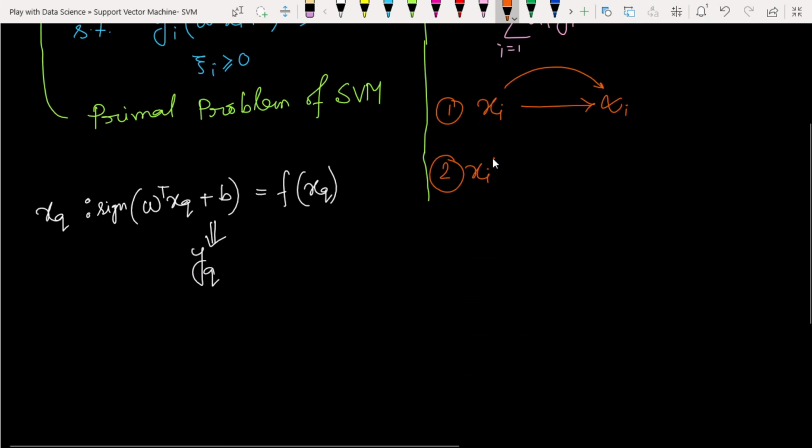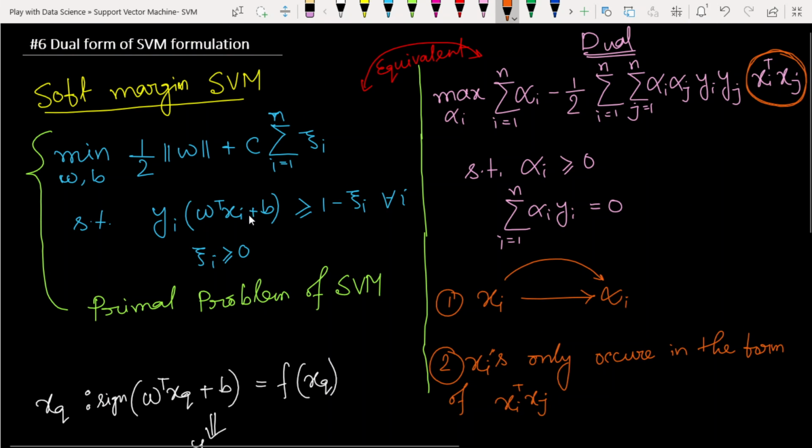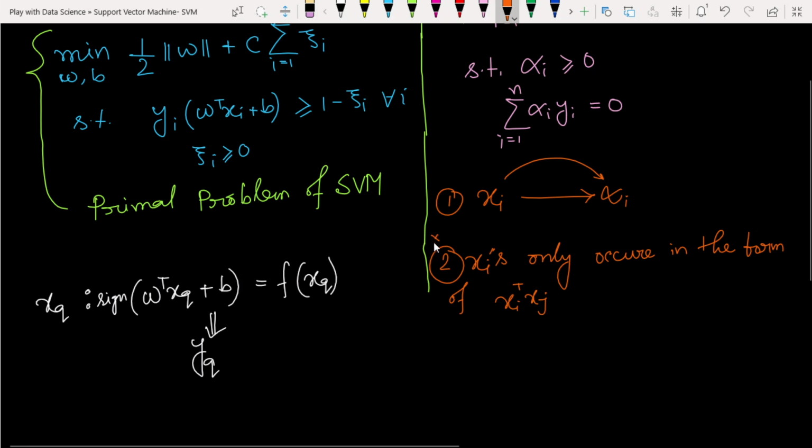In our dual problem, xi and xj only occur in the form of xi transpose xj. This is the main important point for extending our SVM technique. This is the main important visualization.